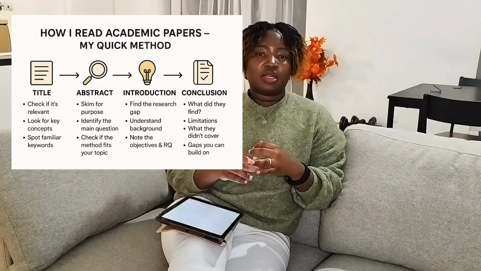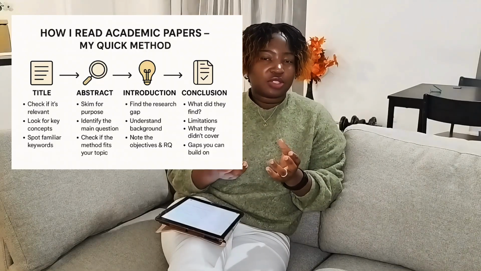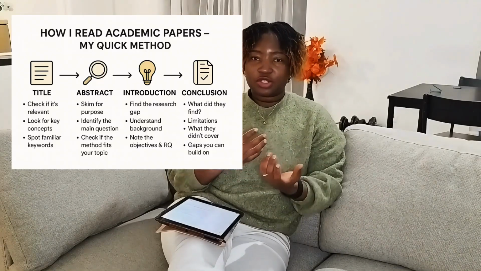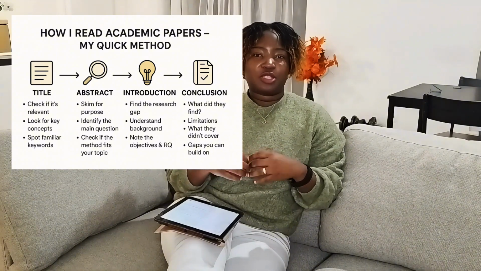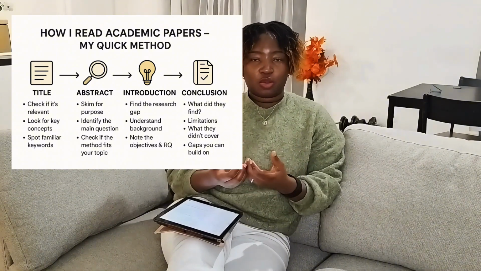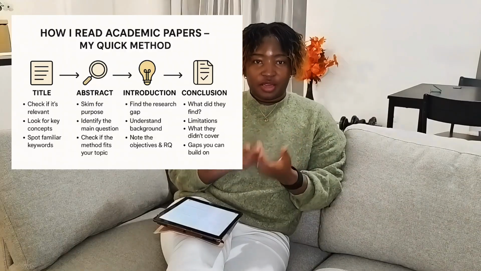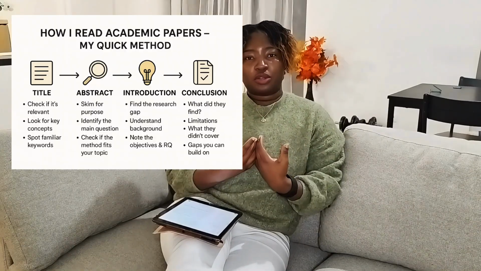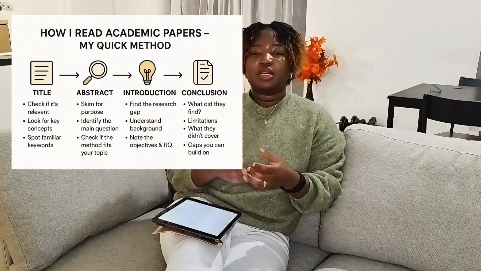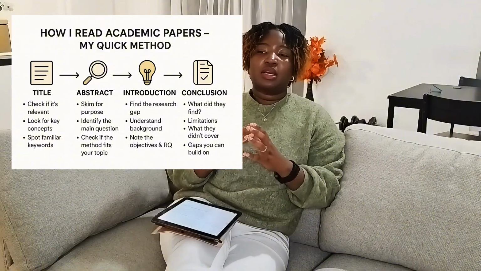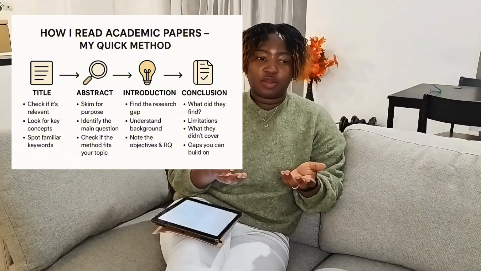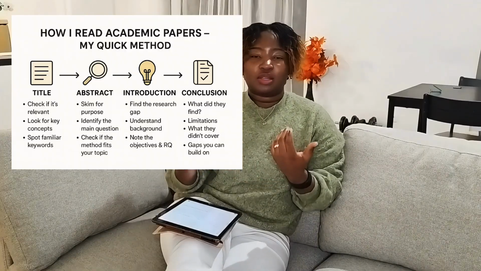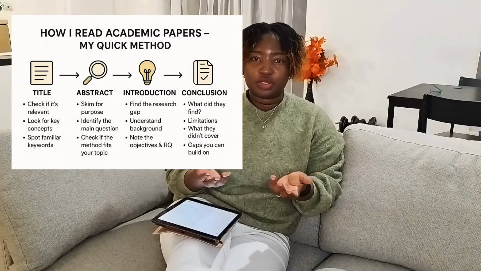If I get a bit of an understanding of this and it's interesting, I go on to read the introduction very quickly, especially at the end, because this is where they put out the research question and the objectives. If that is satisfying enough, I go on to look at the conclusion, because in the conclusion I'm going to find the gaps or what they failed to cover, or the general conclusion of what they found.